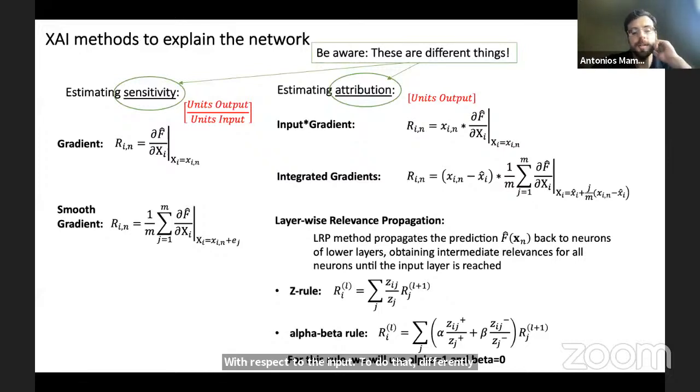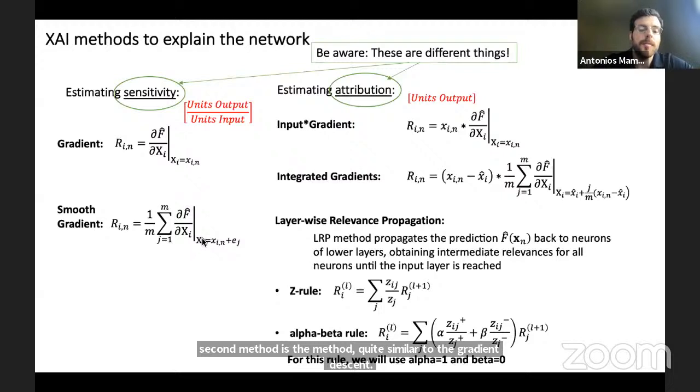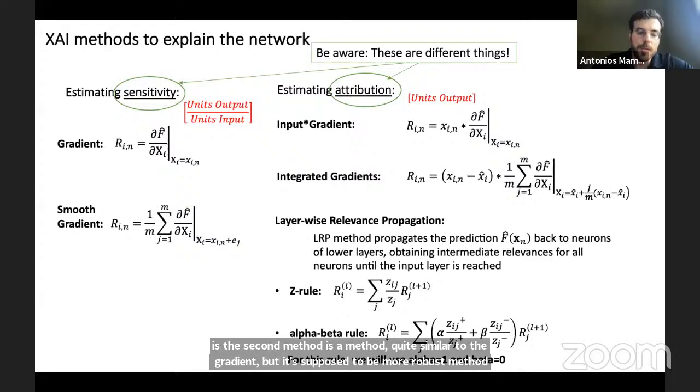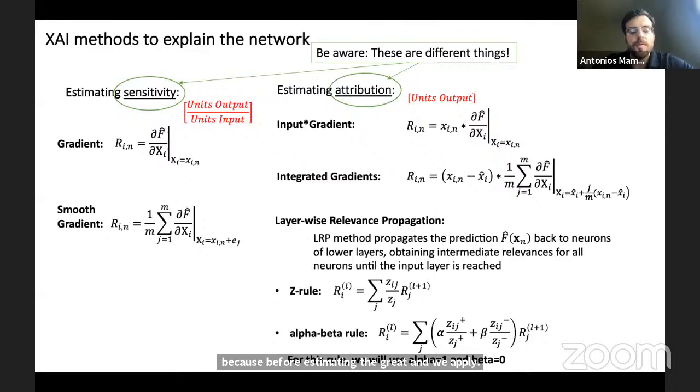So it's a way to estimate the sensitivity of the network. The smooth gradient, the second method, is quite similar to the gradient, but it's supposed to be more robust, because before estimating the gradient, we apply numerous perturbations to the input, and by averaging out the gradient along all these perturbations, we are able to account for the noise.